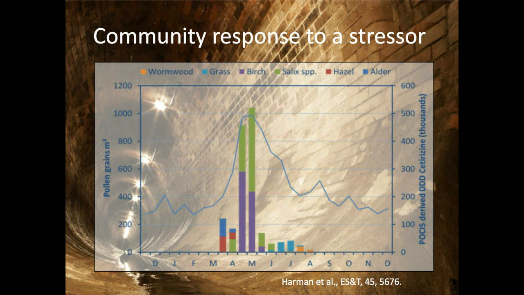So here we have a blue line, which is the measure of an antihistamine, cetirizine, in wastewater, and then the coloured bars are the pollen outbreaks related to grasses, for example, hazel and that kind of thing. And again, it's quite obvious to see it. It's a 13-month period from December one year to December the following year.